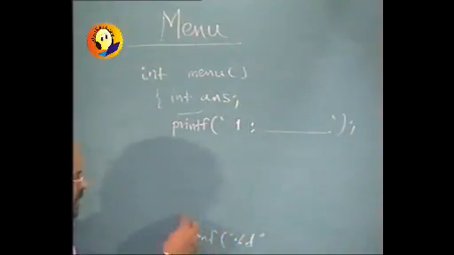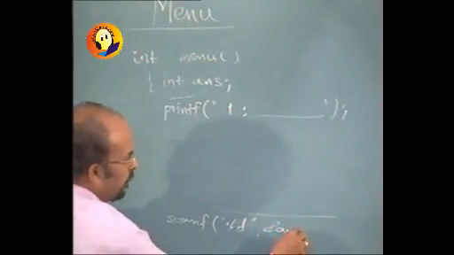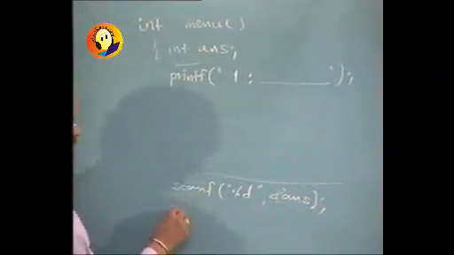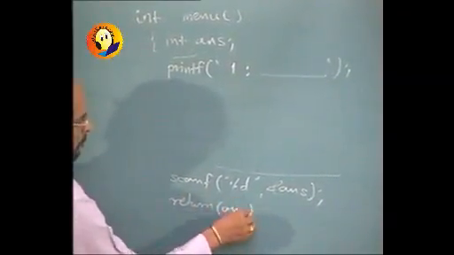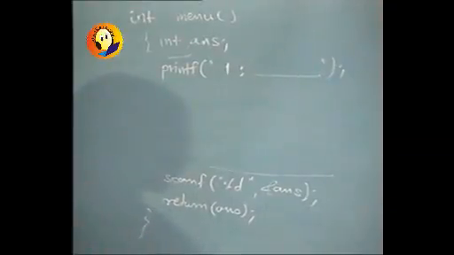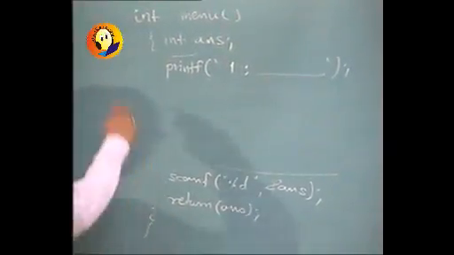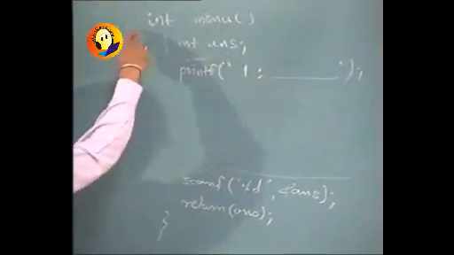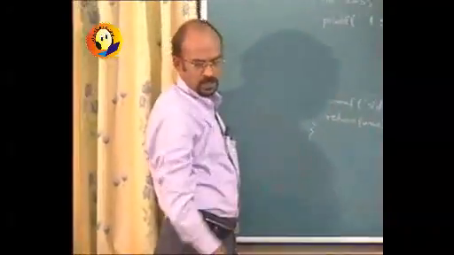You will obviously say enter your choice, and then you will accept the answer. You will return that. This will be a general menu function. Our job, when I say menu, is not this function that I am talking of. I am talking about its processing.